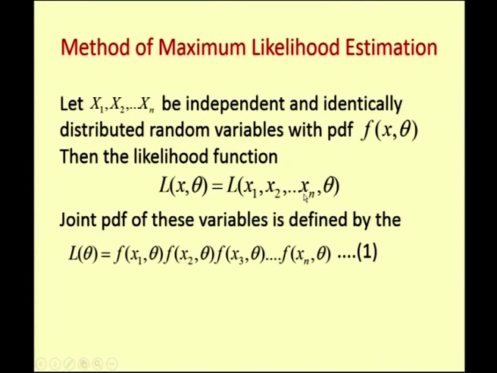The likelihood function can also be called the joint probability density function. Hence, the joint probability density function of these variables is defined by L of theta equals f of x1 comma theta, f of x2 comma theta, up to f of xn comma theta. Let us denote this as equation number 1.